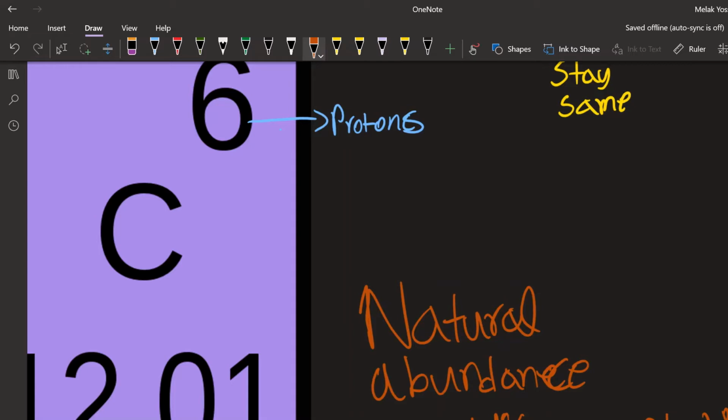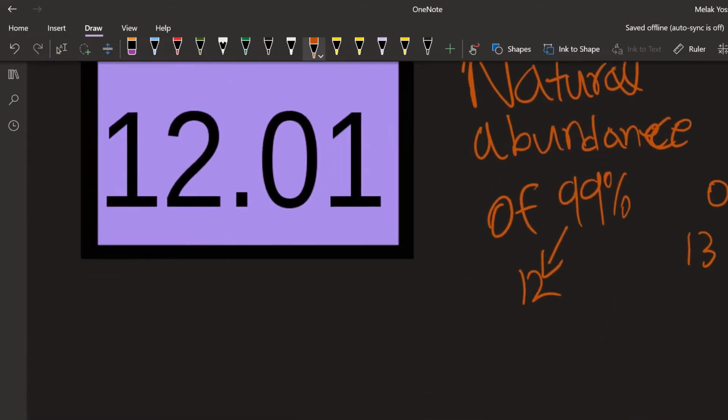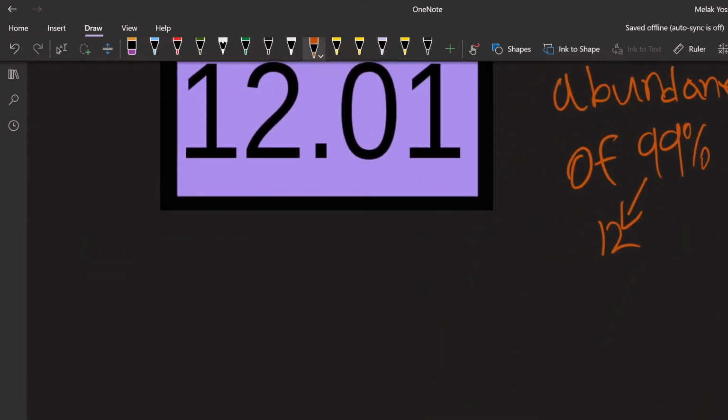Now, the equation for finding the official mass, called the atomic mass, goes something like this: the mass of one isotope times its natural abundance, and then you add all that up.